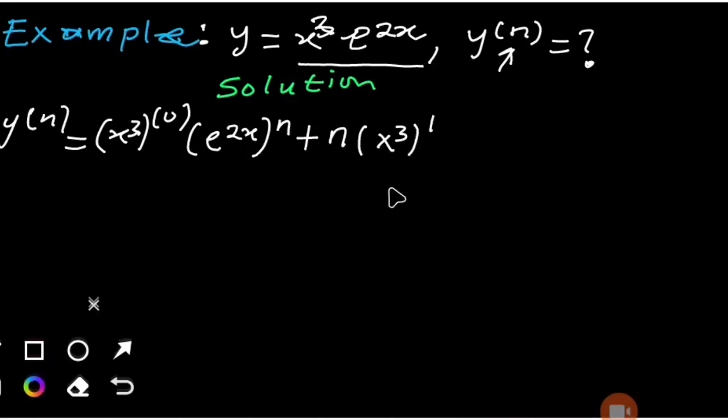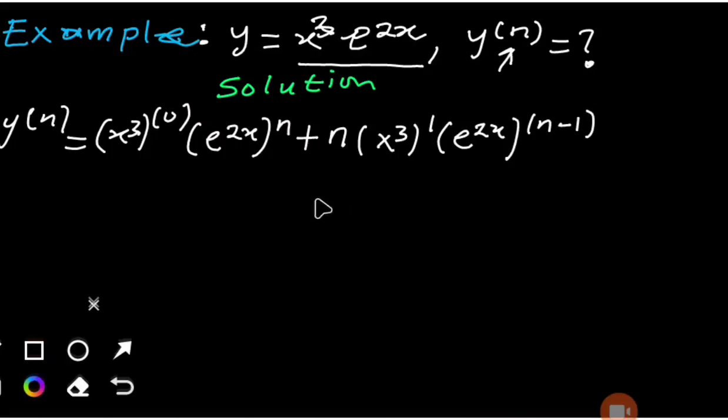That is why the derivative of exponent of 2x reduces by 1, that is n minus 1.